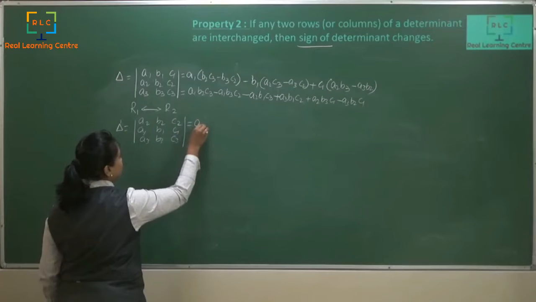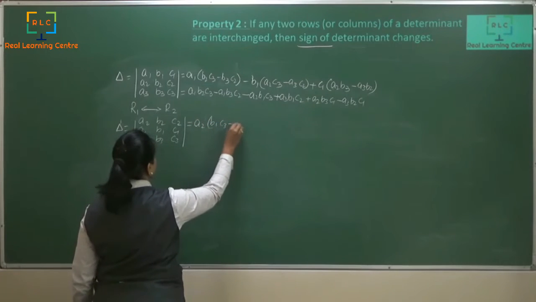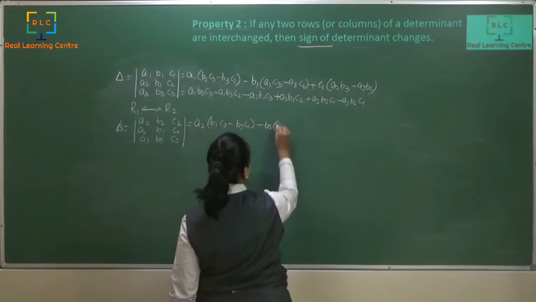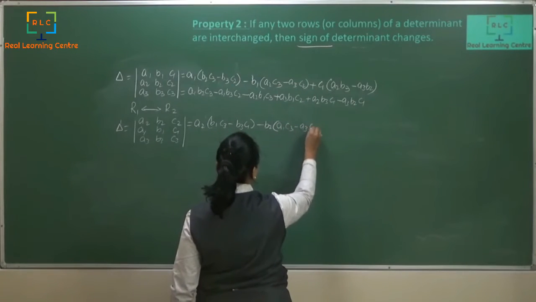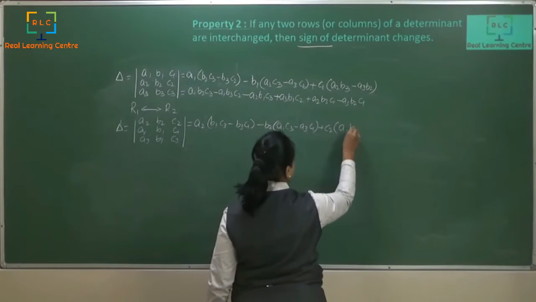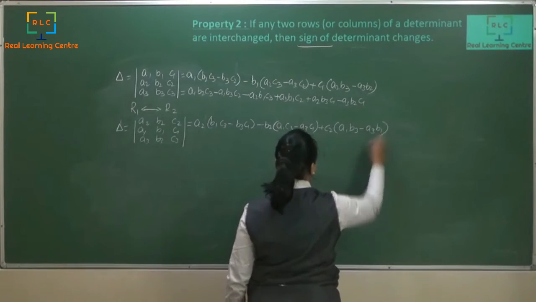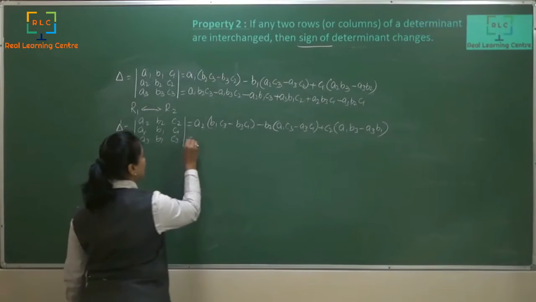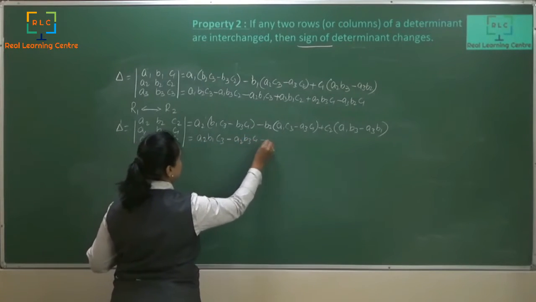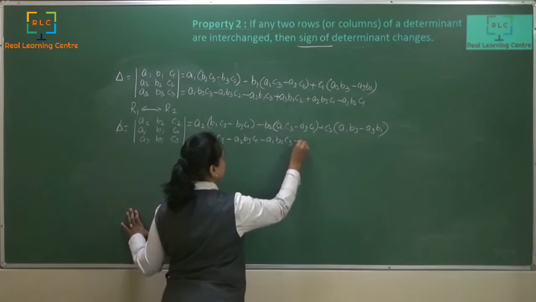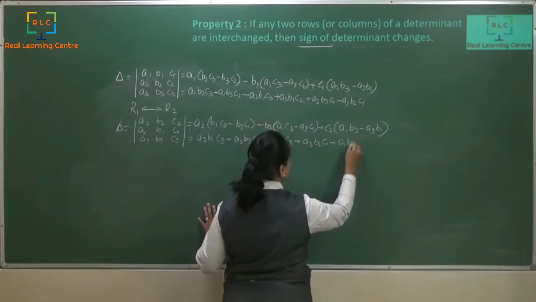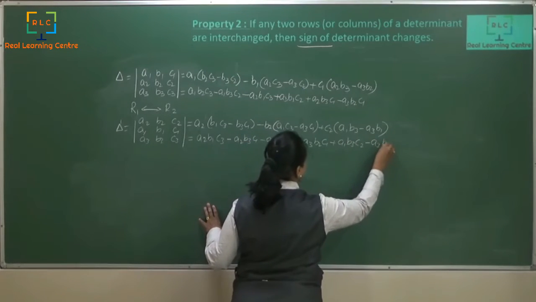We shall expand: A2 into (B1 C3 minus B3 C1) minus B2 into (A1 C3 minus A3 C1) plus C2 into (A1 B3 minus A3 B1). We'll expand and check now. This will be equal to A2 B1 C3 minus A2 B3 C1 minus A1 B2 C3 plus A3 B2 C1 plus A1 B3 C2 minus A3 B1 C2.